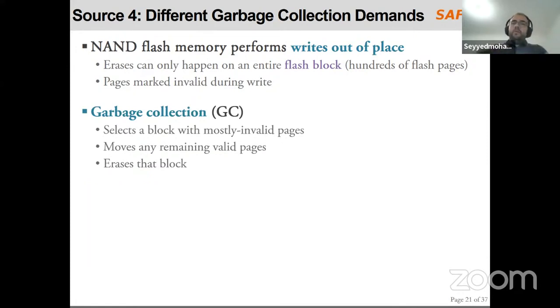We covered in the previous lectures that GC, or garbage collection, has huge performance overhead. There are different research works and vendors reducing the overhead of GC, for example by doing progressive GC, where we do GC in parallel with handling other requests, or doing GC in the background in idle time. There are different techniques to reduce the overhead.